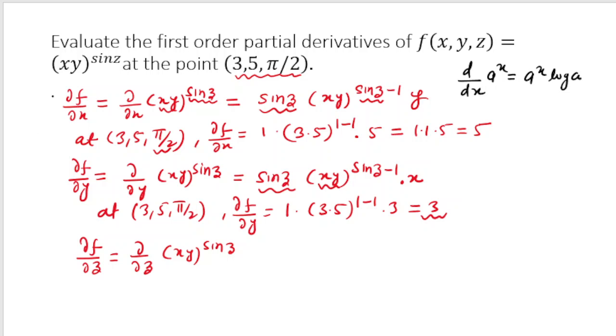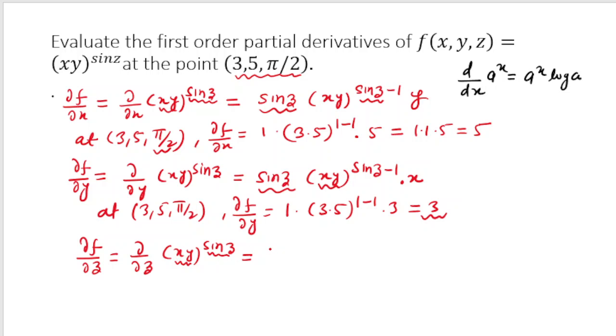So here, if I have to differentiate this with respect to z, xy will be a constant, because I am differentiating it partially with respect to z. So xy can be seen as a constant, that is a, and then I will apply the formula. So a to the power x, so I will get what?